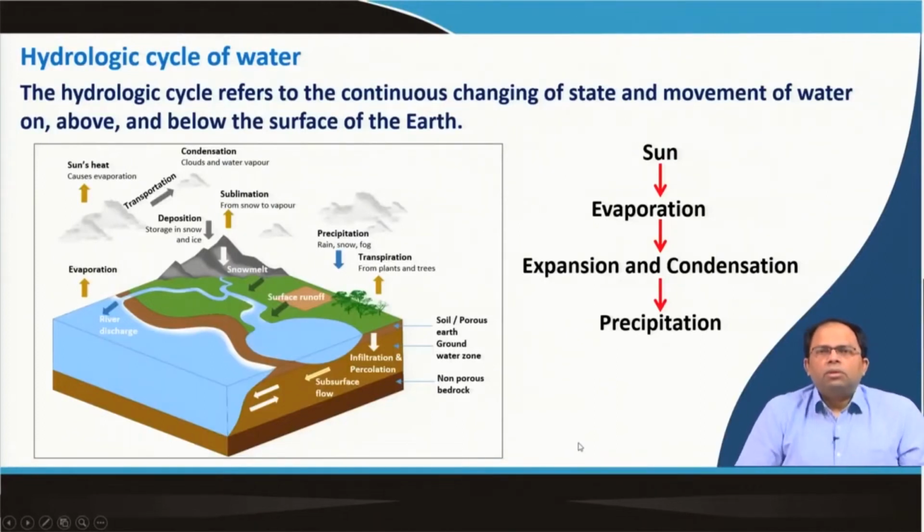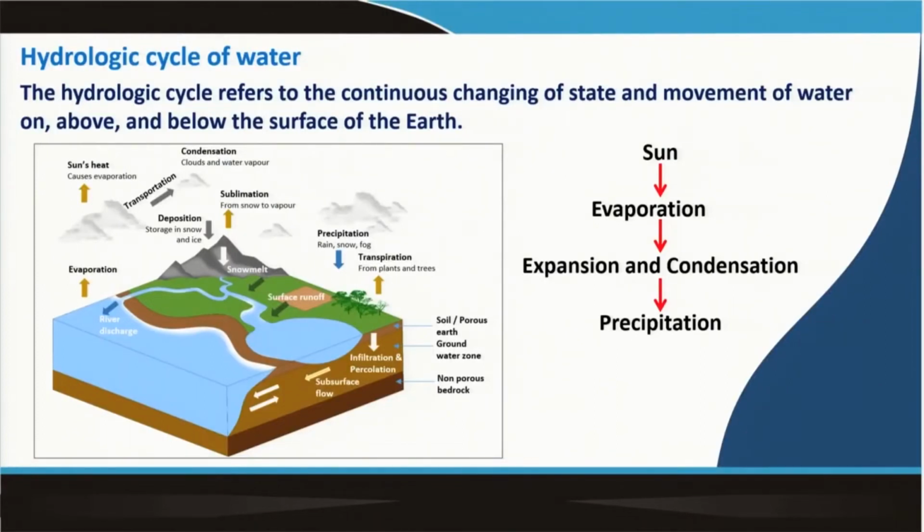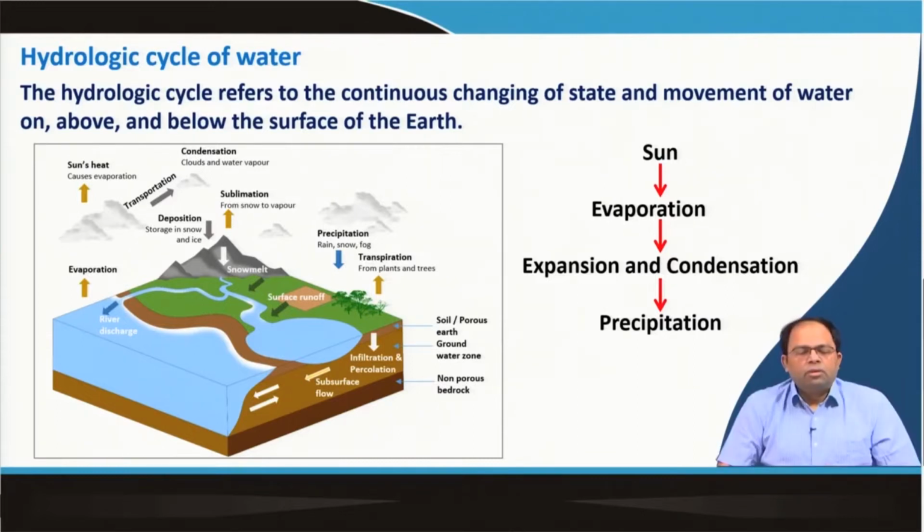When we talk about the hydrologic cycle of water, we have all studied this in our schools, and we know that this refers to the continuous changing of both the state of water and the movement of water, on, above and below the surface of the earth, right. Whenever there is the sun's heat, the water evaporates.